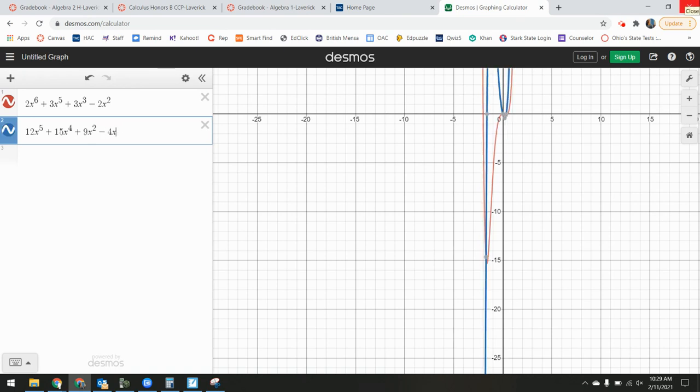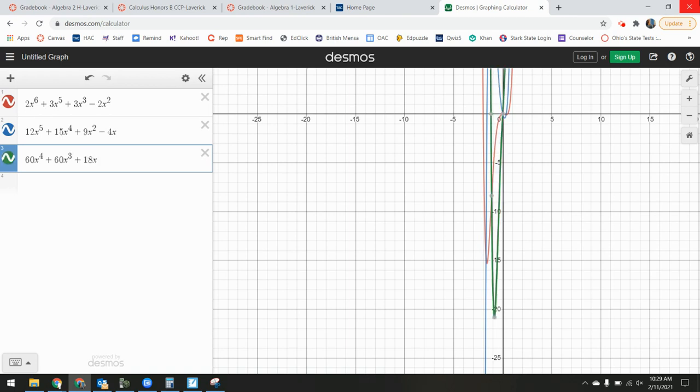While we're at it, so I don't have to keep turning around, I'm just going to plug in f double prime as well. 60x to the 4th plus 60x to the 3rd plus 18x minus 4.